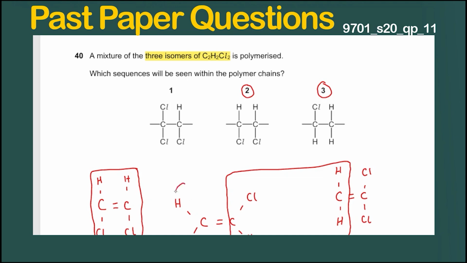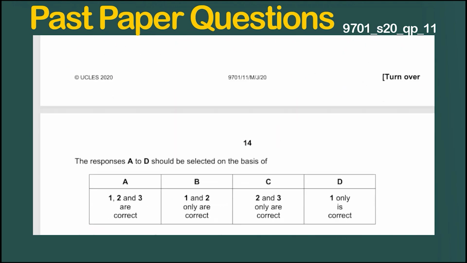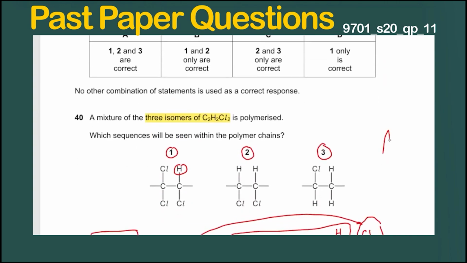And if this side and this side are combined, then beta ji, there is another possibility that there are three chlorine atoms and there is only one hydrogen like this in the first option. So all the three statements are correct. So which will you select? 1, 2 and 3 are correct. So A must be your answer.